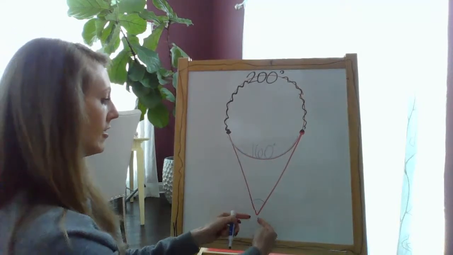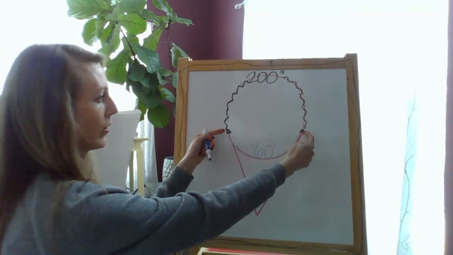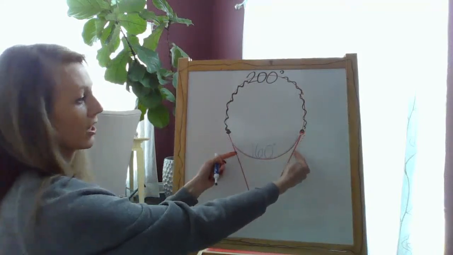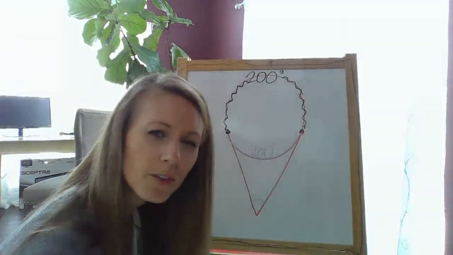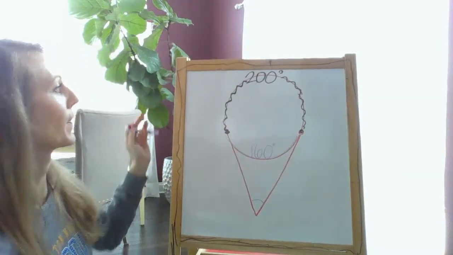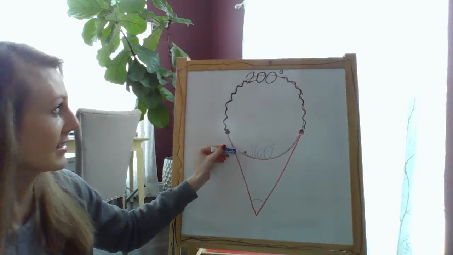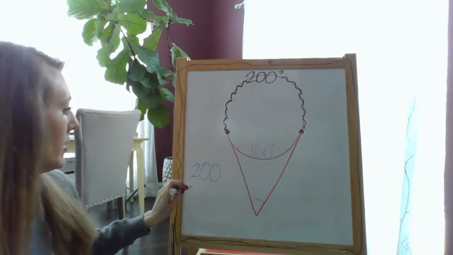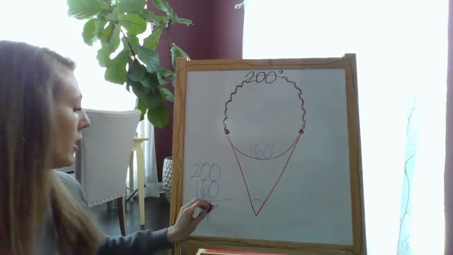So this angle, formed by two tangents, hits the circle at two points, one on each side, and it gives us a major intercepted arc and a minor intercepted arc. I don't know if you can read the blue marker very well. I'm sorry about that. If we subtract these, 200 minus 160 is going to be 40.